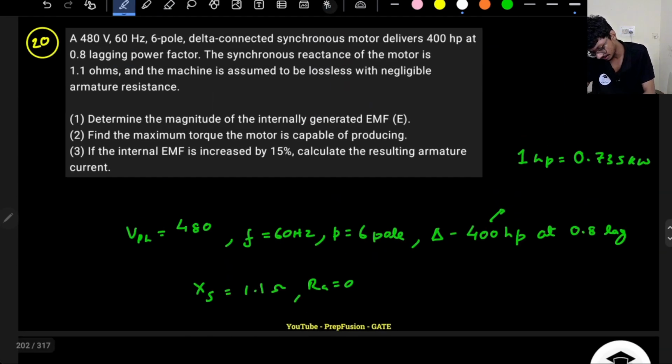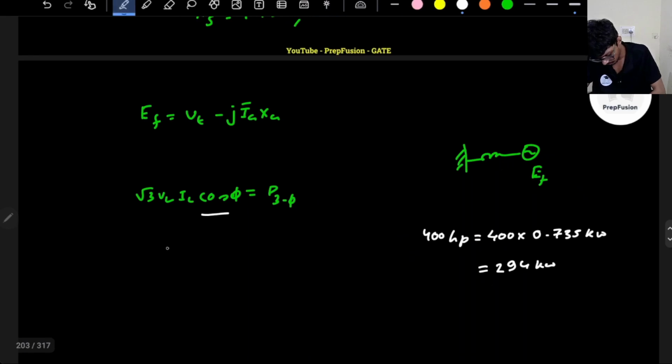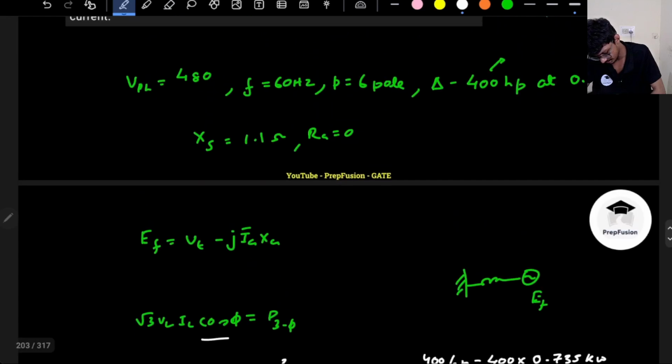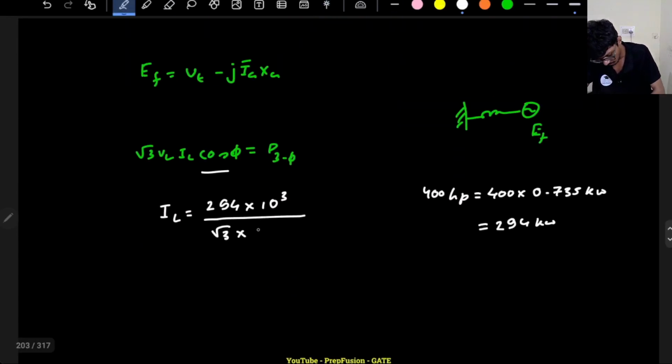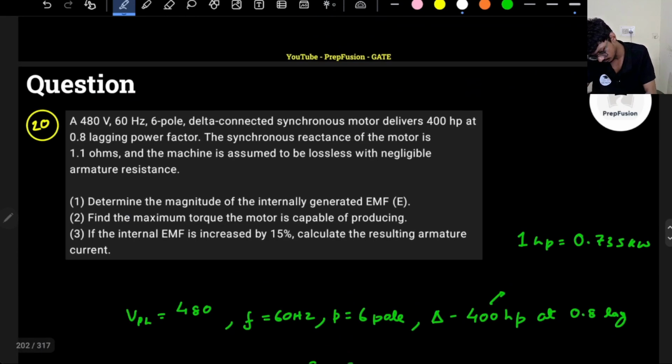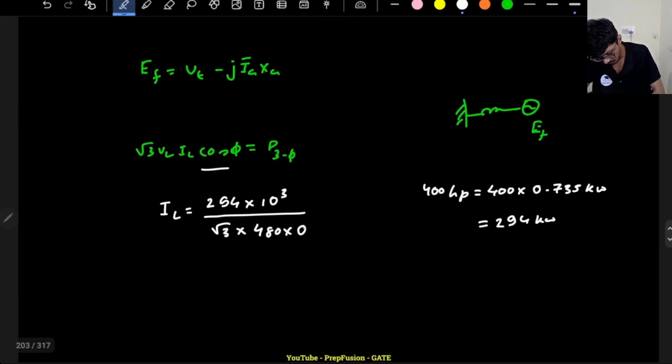From here, I know cos phi. It is already given that it is 0.8 lagging power factor. So 294 into 10 cube divided by root 3 into VL, which is the line voltage, 480, into cos phi 0.8.